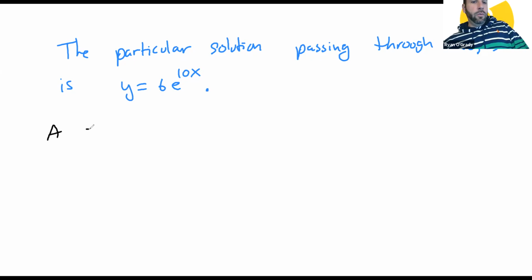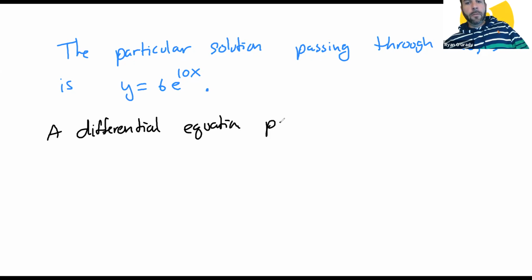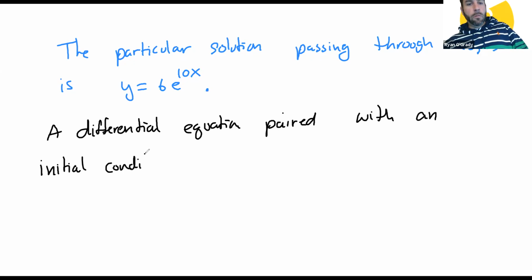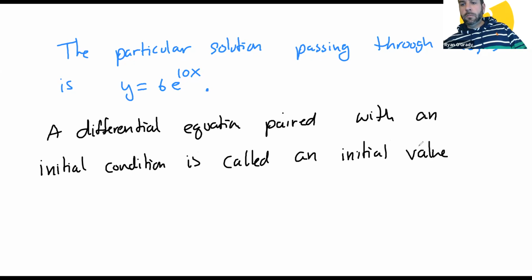So a differential equation paired with an initial condition is called an initial value problem. And we typically use the acronym IVP.